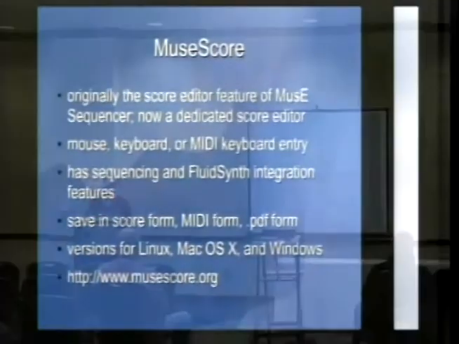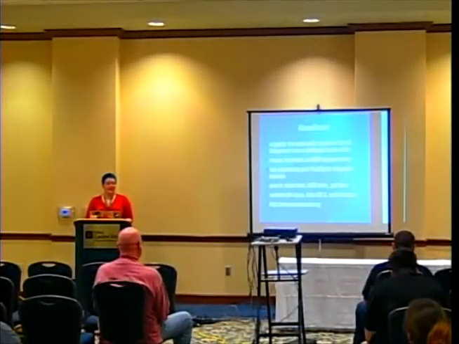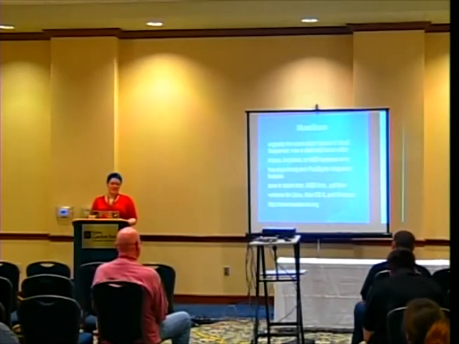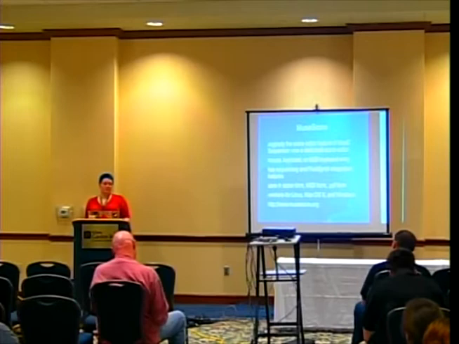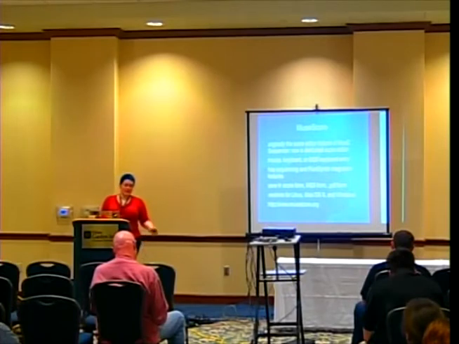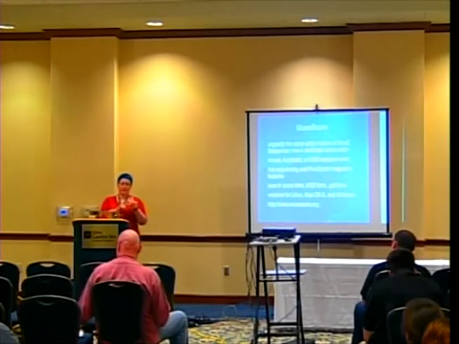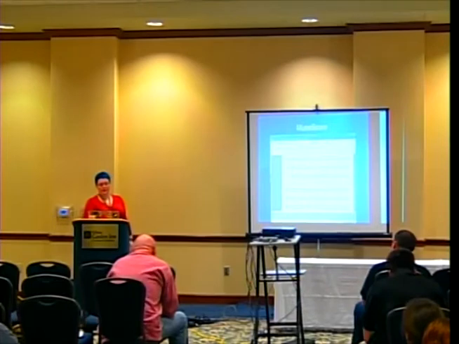You can save in score form, MIDI form, or PDFs. As far as I know, you can't make a PDF in Denemo, so if being able to save your music as a PDF is important to you, MuseScore is one that you should consider. And unlike the Muse sequencer, which is just available for Linux, MuseScore has been made for Linux, Mac, or Windows.